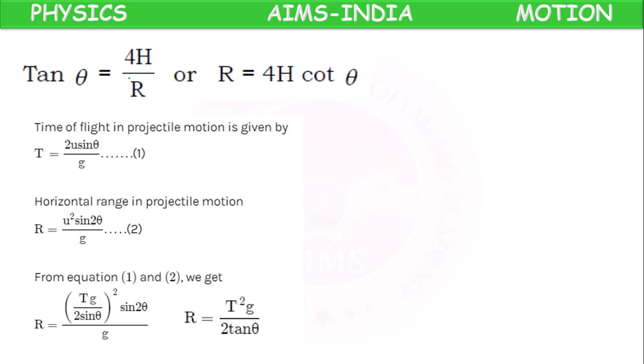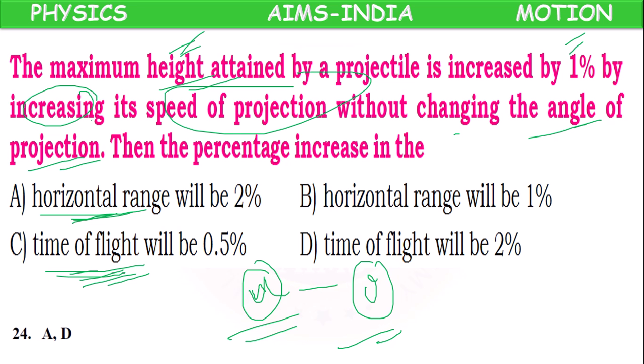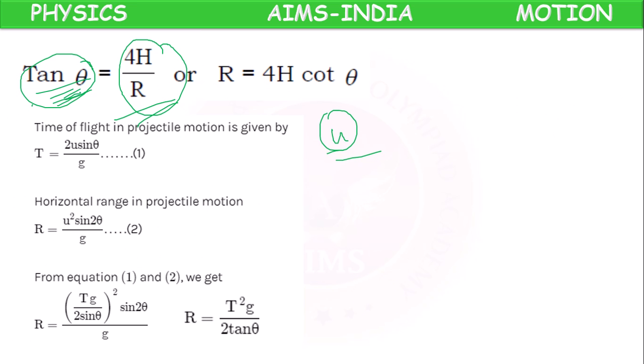Here the h by r ratio does not depend on u. It only depends on the angle of projection, and here the angle of projection is constant. That's why it doesn't depend on u.